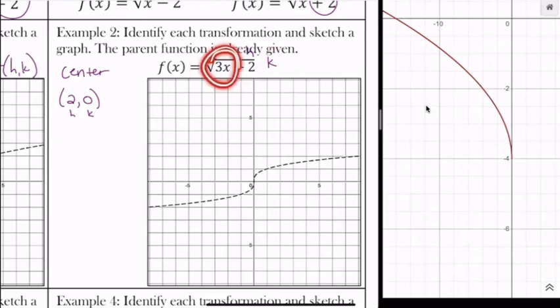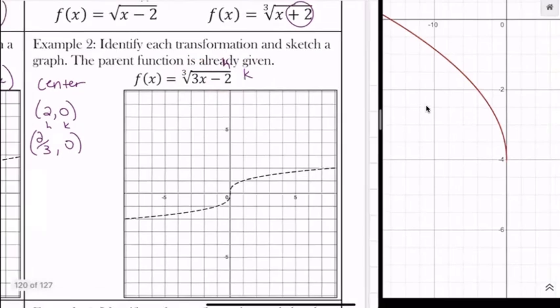However, because I have this 3 here, that does skew the movement right here. So you're going to have to divide by that 3. So the center will actually be at 2/3, 0 because we had to divide by that b. I don't want you to worry about memorizing that. It's a pain. Just go off what you can see on the graph. So let's go ahead and graph it.